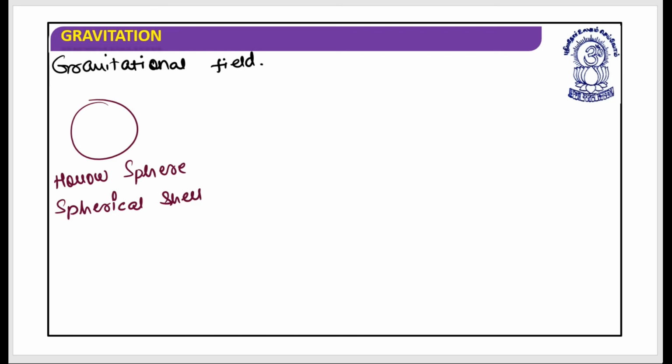So what would be the situation? First is the outside, then let's talk about the surface, and then the inside. Let's call this mass m and radius r.